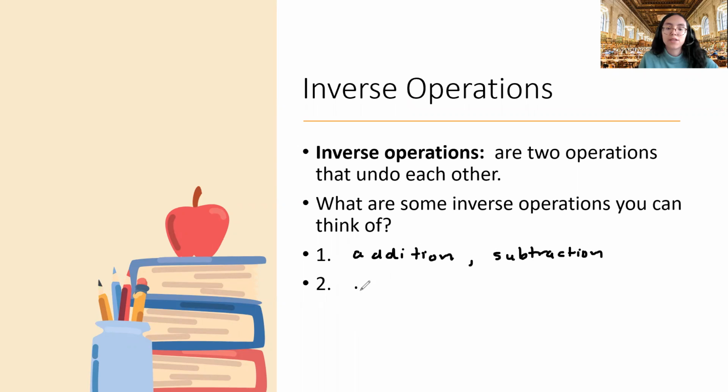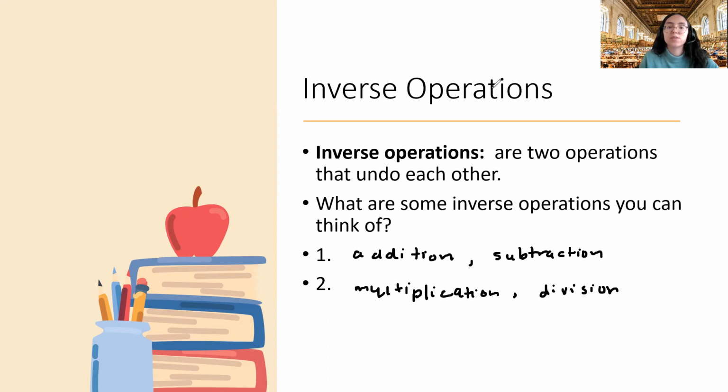How about multiplication and division? These are operations that will undo each other, so they are inverse operations. So addition will undo subtraction, and subtraction will undo addition. Multiplication will undo division, and division will undo multiplication.